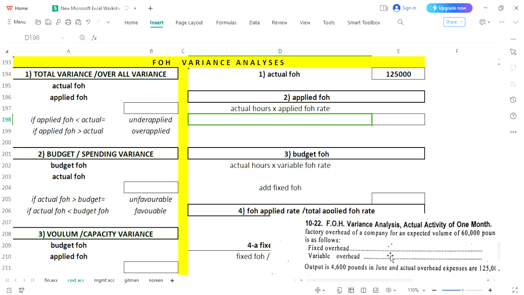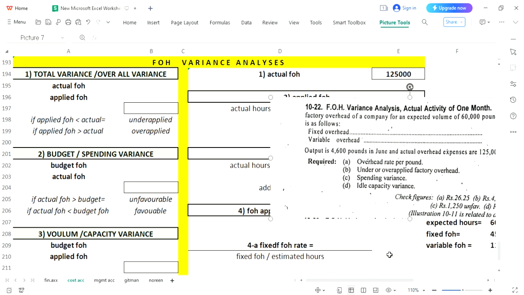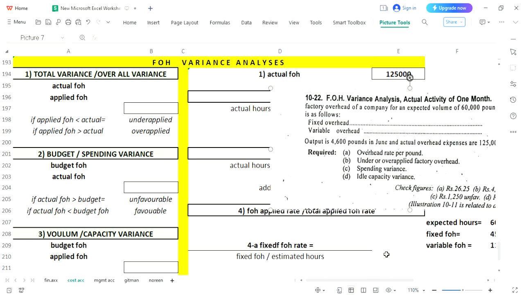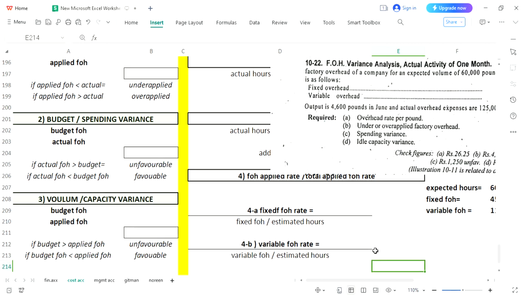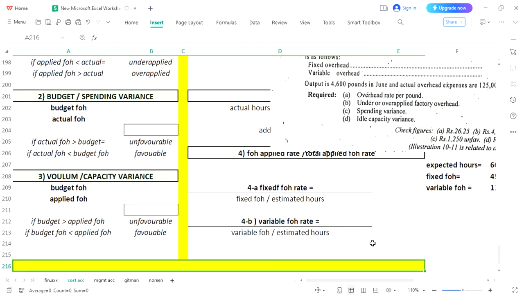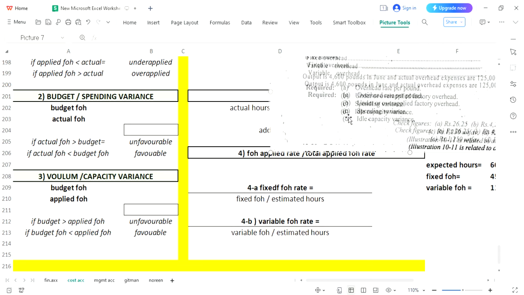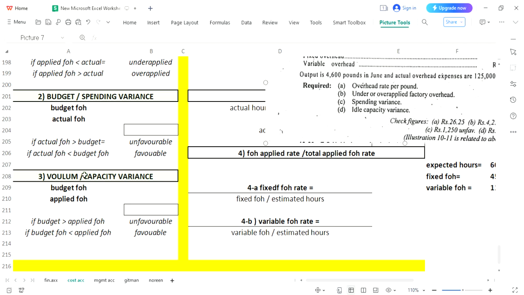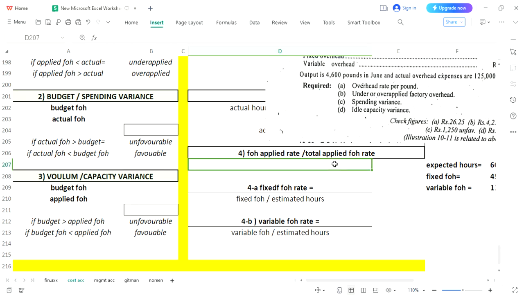Actual hours are also given in the question, but before that, you need to sort out the lower portion first. As per our tradition, we do not solve the question right from the beginning. You can see the left part of the question is still vacant. So you will take the last portion of the second page first. You will calculate fixed FH rate.